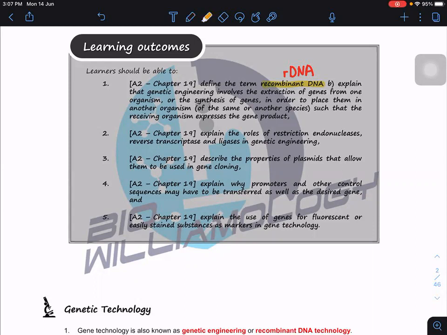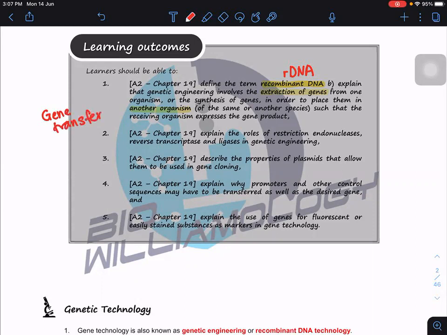Then we need to explain genetic engineering, involving the extraction of a gene from one species, or synthesizing the gene, in order to place it in another organism. So basically this involves what we call gene transfer.